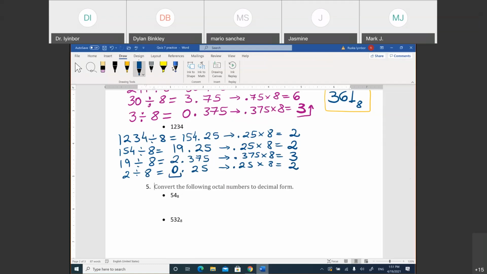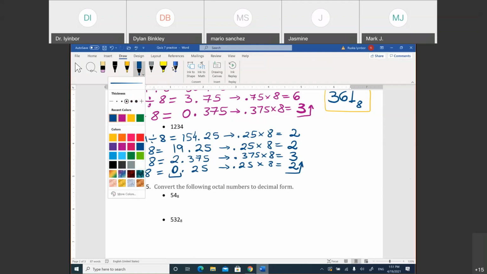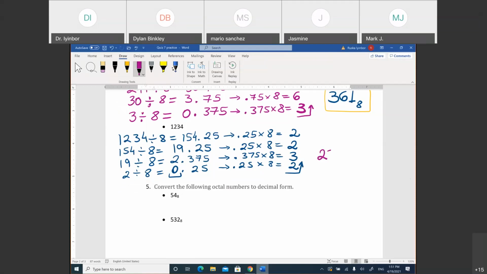So my number in octal, going back, is going to be 2322 octal. Okay? Any questions? Everybody good?